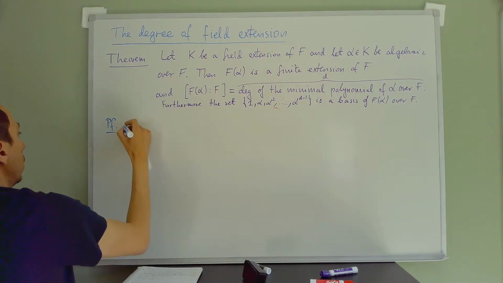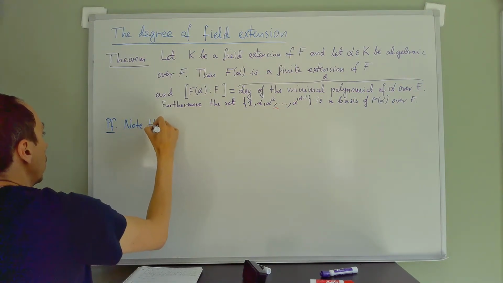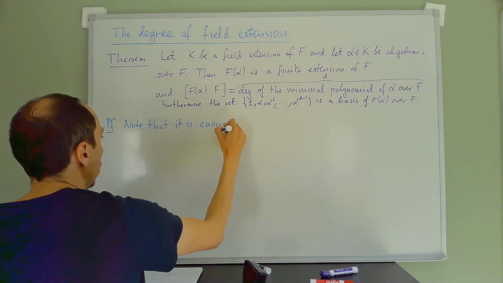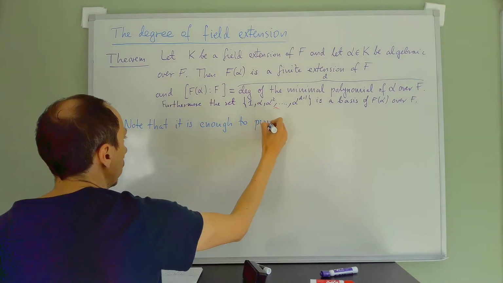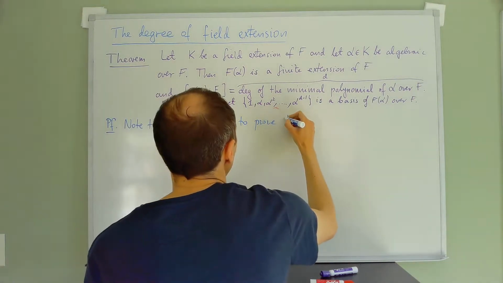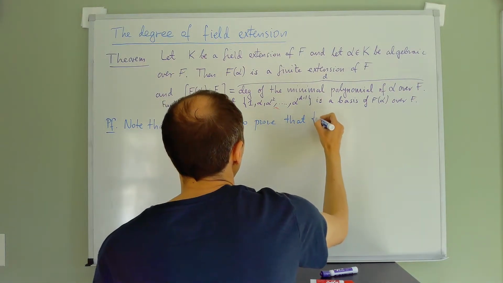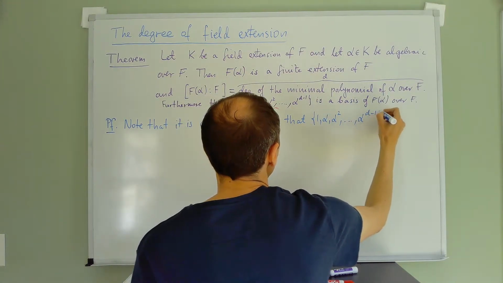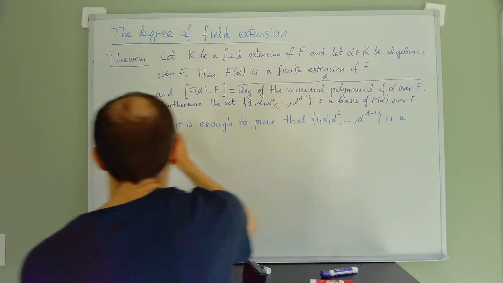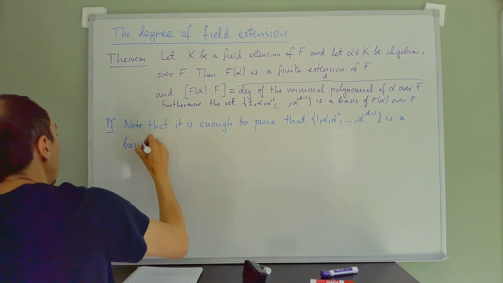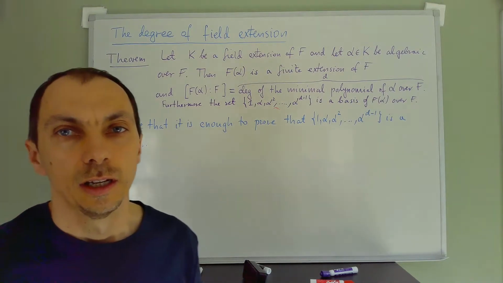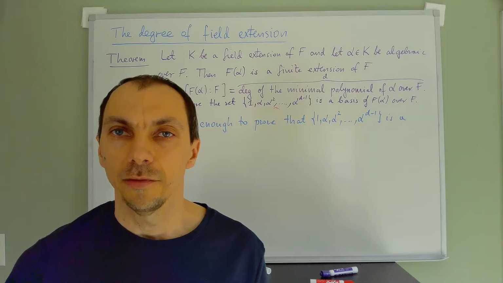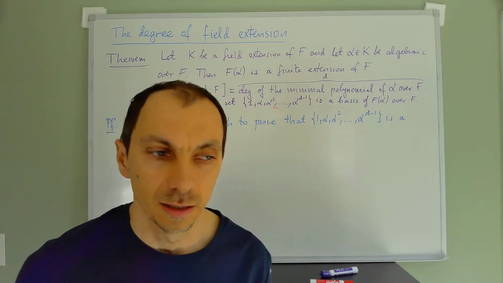Proof. Note that it is enough to prove that 1, alpha, alpha squared, up to alpha to the d minus 1 is a basis. What I'm saying is it's enough to prove this last sentence of the theorem, and everything else is implied by it.